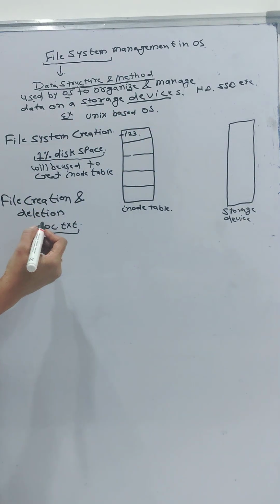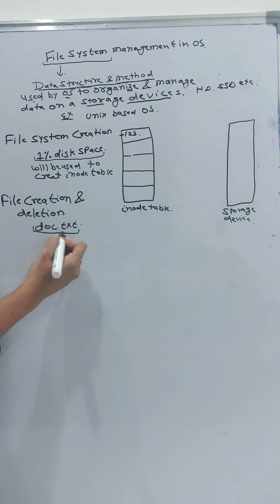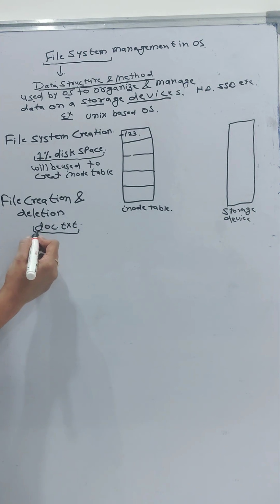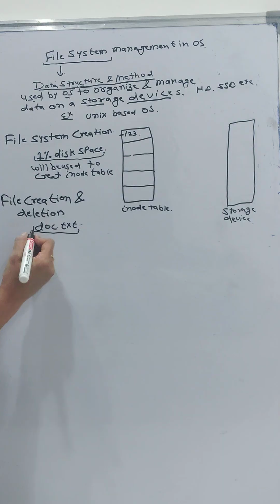So the operating system will assign one inode for this doc.txt. What will be the directory entry for this doc.txt? Suppose the file location is home.